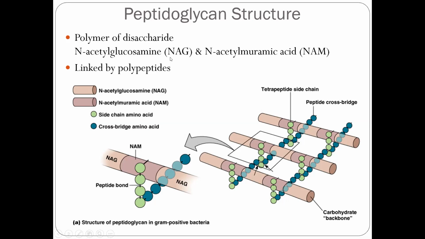Those are NAG, N-acetylglucosamine, and N-acetylmuramic acid, called NAM. They are cross-linked with each other by peptide bonds with amino acids. Very simple. Amino acids could be cross-linked or could become a side chain later on.